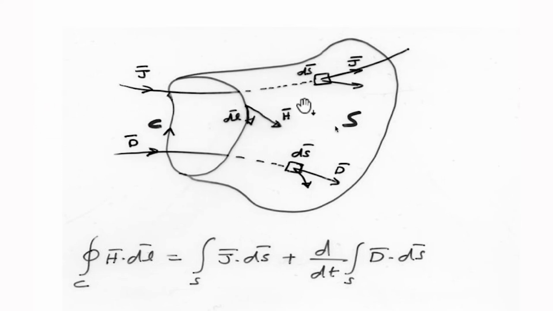It can be in any direction, you can imagine. If you look at this equation, this is a line integral along this path, which is enclosing this surface S.